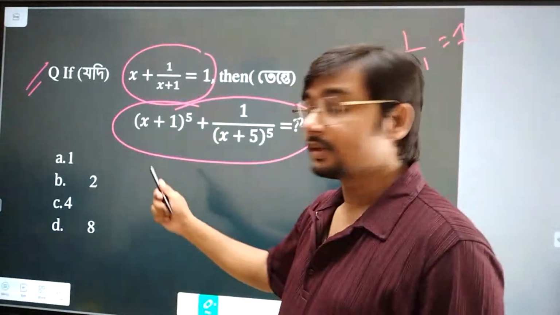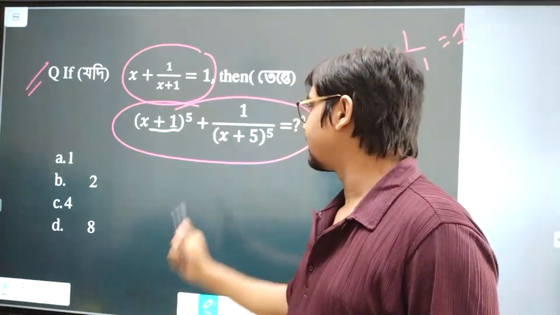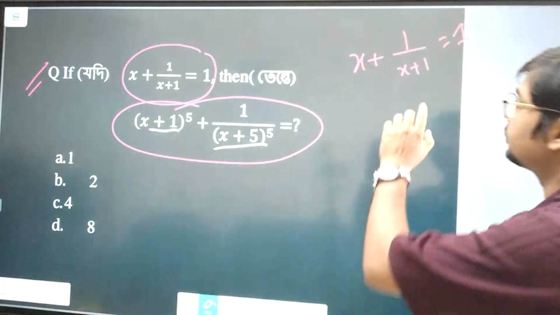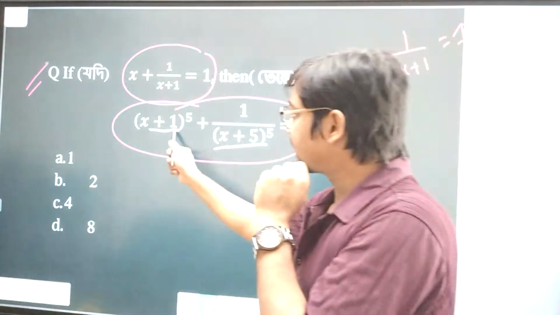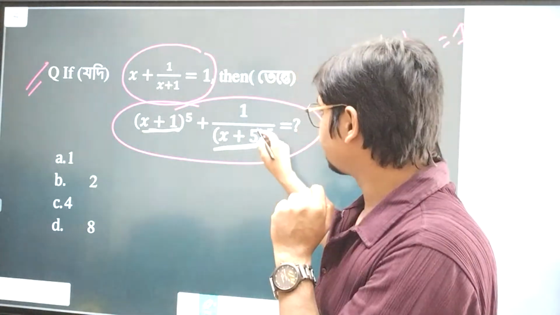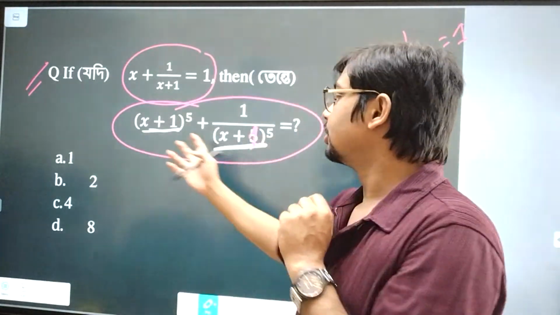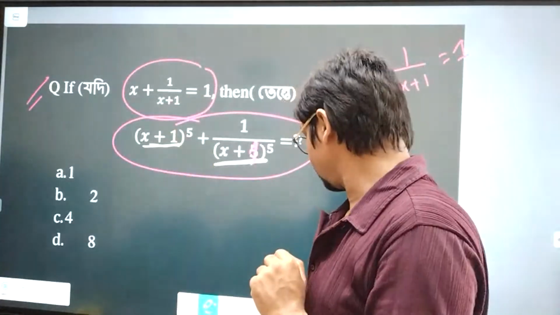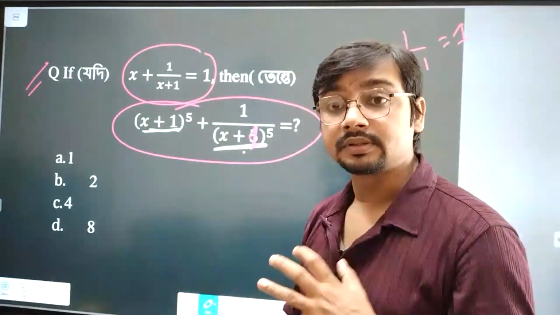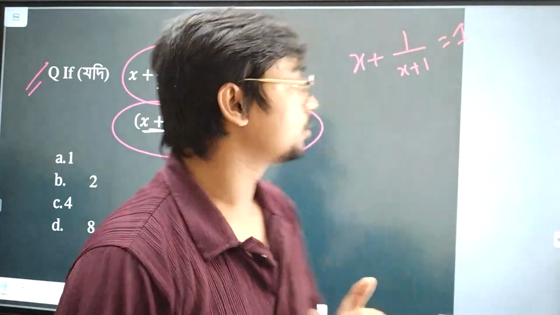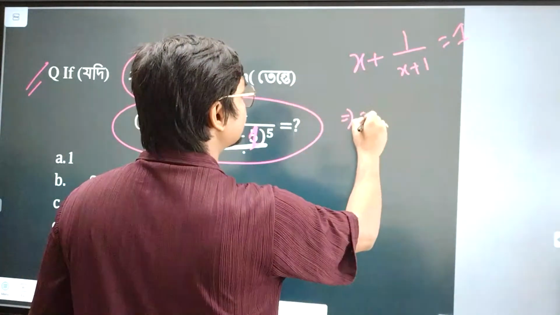But in the expression here, you see x plus 1 power 5, here also x plus 1 power 5, right? That means we need to make this x plus 1. So what we need to do here is just simply add 1 on both sides.